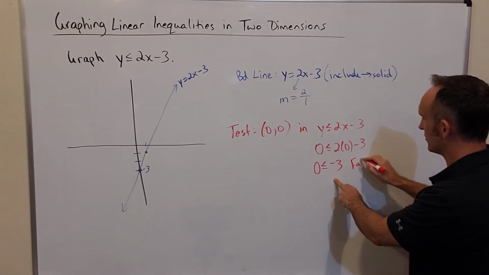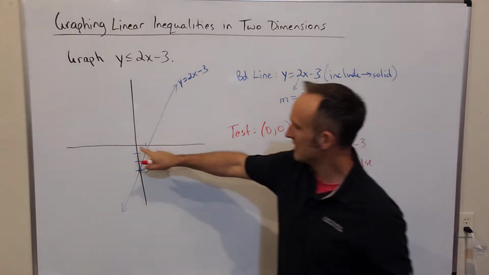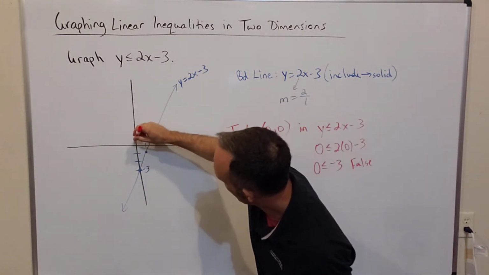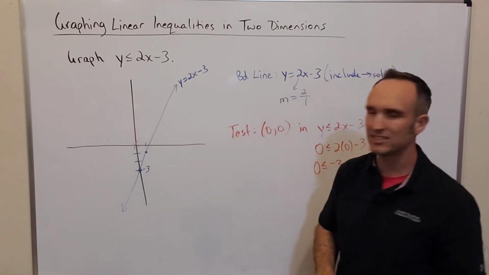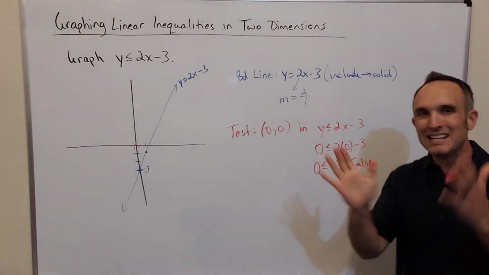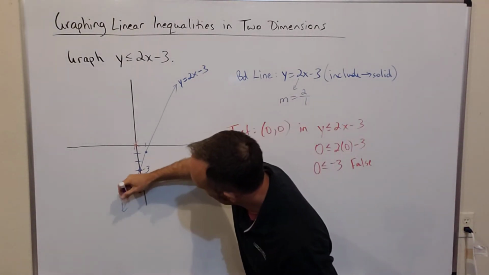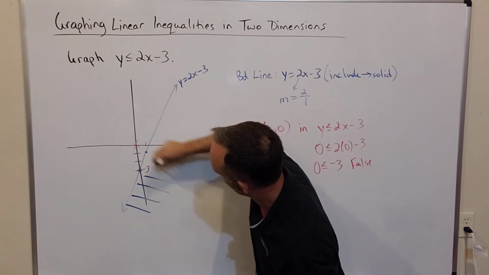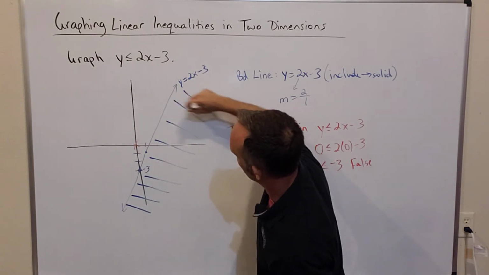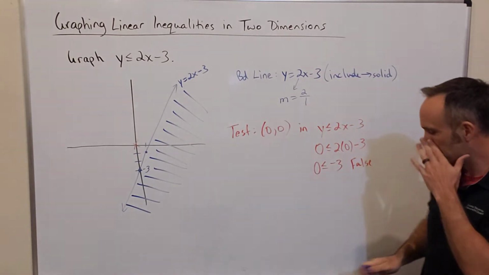It is not. This is false. What that means is that the origin should not, I'll put a red X there, the origin should not be part of our solution set, which means that we only have one choice. It means that we have to shade on the other side of the boundary line. So this side of the boundary makes up our half plane, okay?